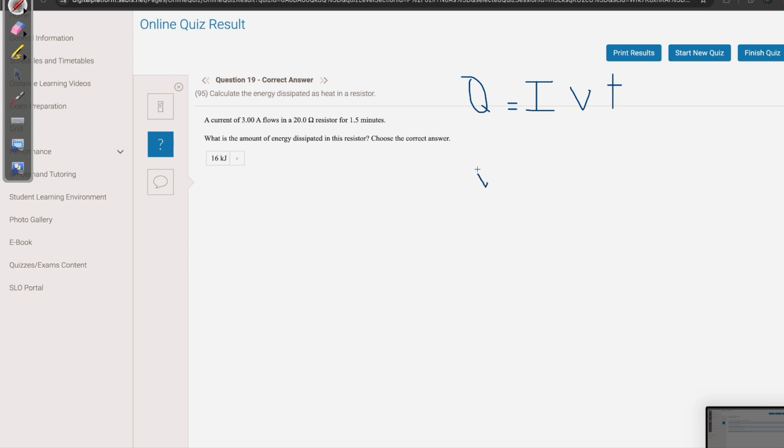But we know that V, the voltage, is equal to current times resistance. So the voltage is 3 times 20, which is 60. So we're gonna do current, which is 3 amperes, times 60 volts.